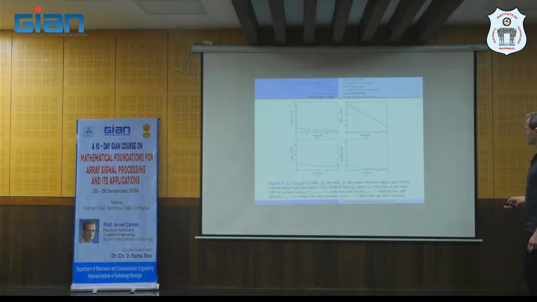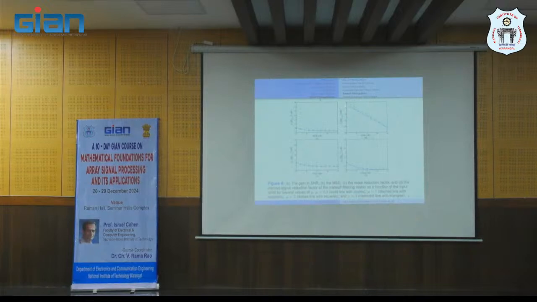You see for a given input SNR, when you increase mu, the noise reduction factor increases because we suppress more noise. We give more importance to this part, so the noise reduction increases, and then the output SNR increases. The distortion also increases because we pay for that with the signal distortion.